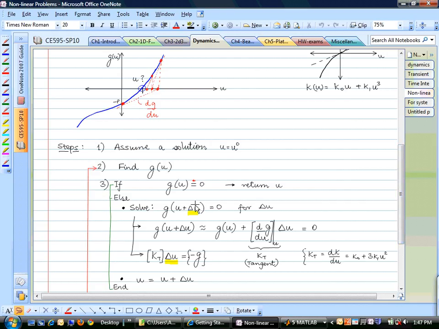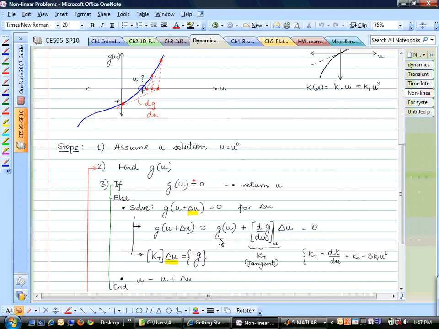You're going to try to find out how much delta U you should add so that the new solution becomes closer to 0. If you write this out in a Taylor series expansion, you get the gradient of G times delta U, and there are other higher order terms, but we'll neglect those and say that this is equal to 0. Now this is an equation that you can solve for delta U.